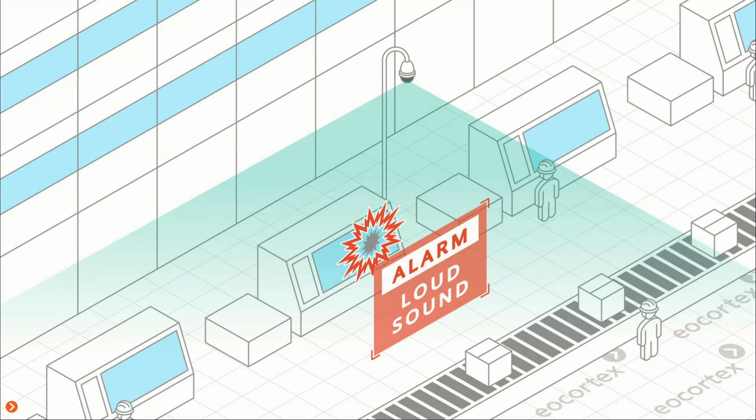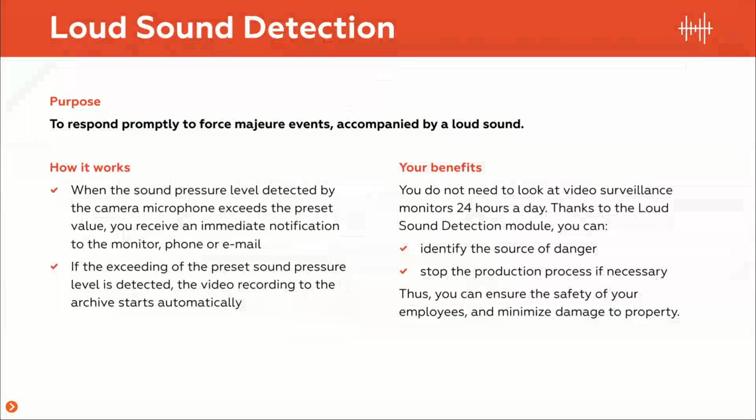And if your camera has a microphone installed, in case the noise level increases certain amount of decibels, it will trigger the alarm and inform the operators. So this module can be also used in several ways to inform about the gunshots, explosions, or machine breakdowns, which will also allow immediate reaction to prevent the accident from spreading.